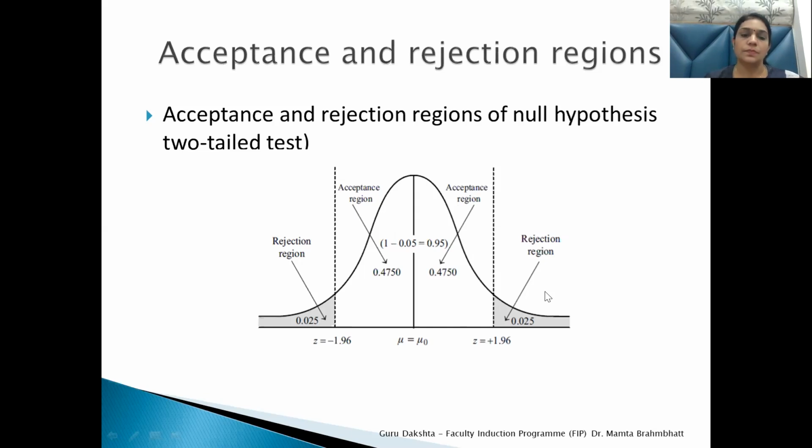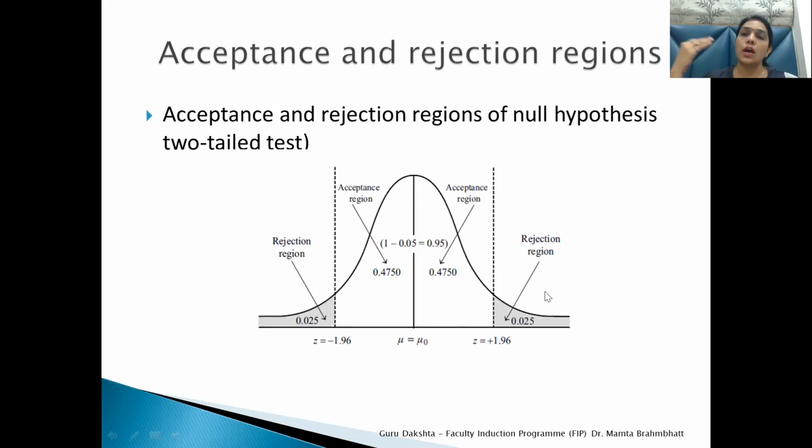When I'm saying that the income of this group is 50,000, clear? That is the assumption. This assumption will be rejected from both sides. People who are earning below 50,000 will reject my hypothesis from the left hand side.